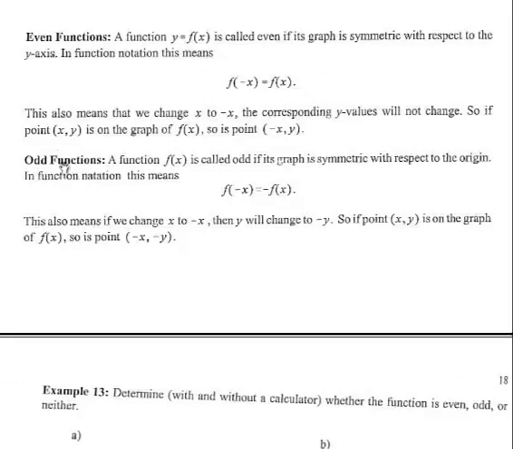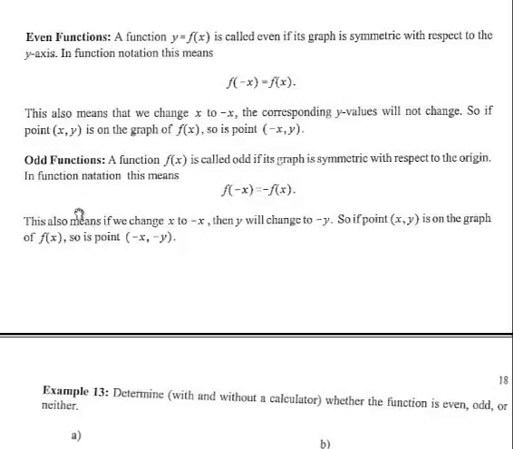Okay, even functions and odd functions. When we refer to even and odd, we're simply talking about the symmetry of the function. Even, if you can mirror it about the y-axis, then it's even. Okay, just simply fold it along the y-axis, fold it over, and if the two pieces match, then it's even.